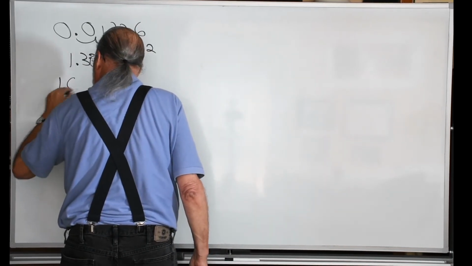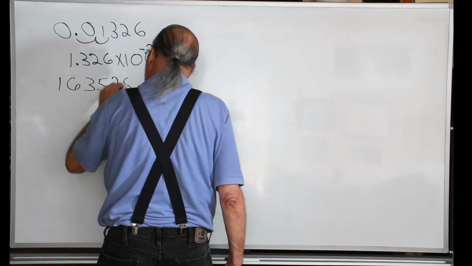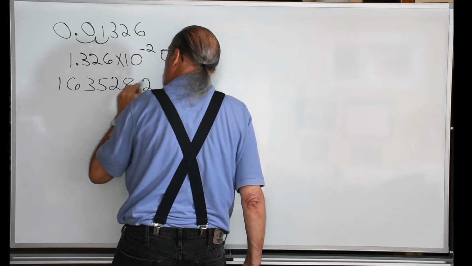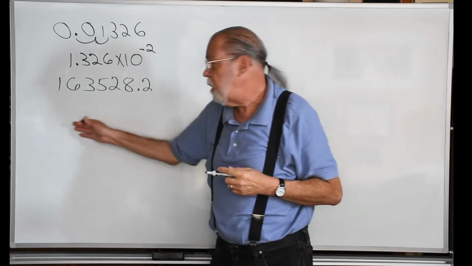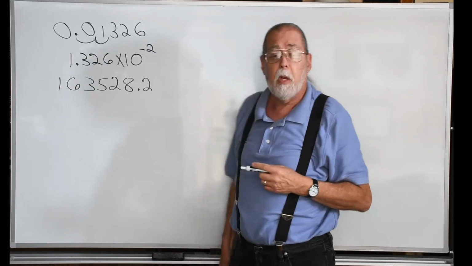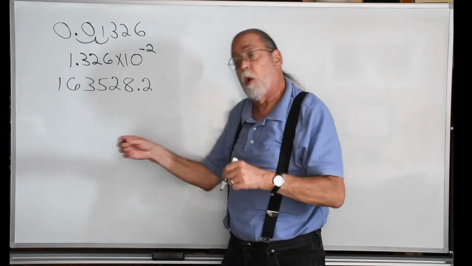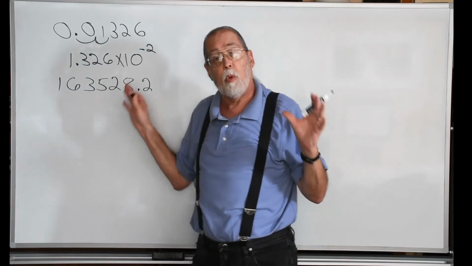If we have, let's say, this number and we wish to convert this to scientific notation, then we again move the decimal point in whatever direction we have to in order to get a number between 1 and 10.